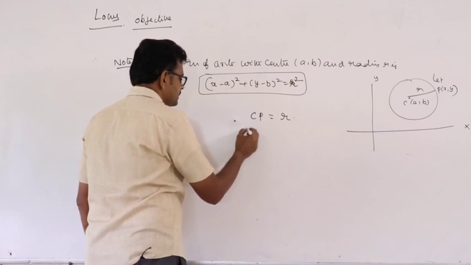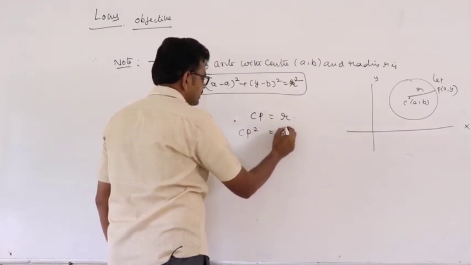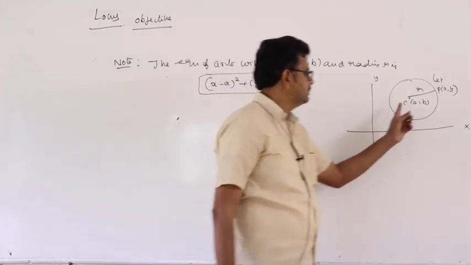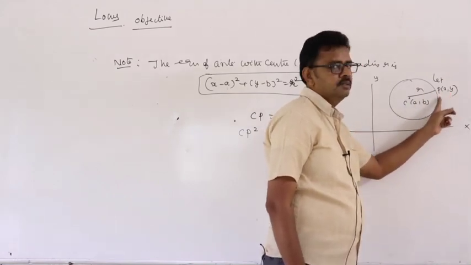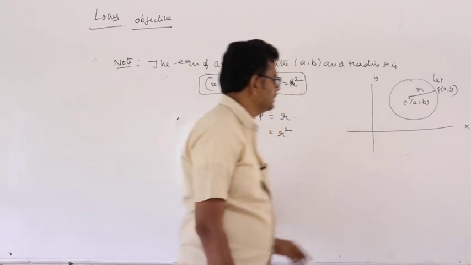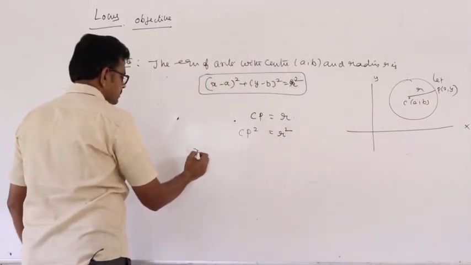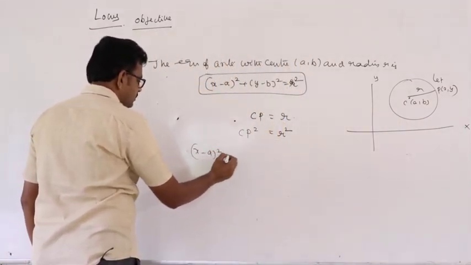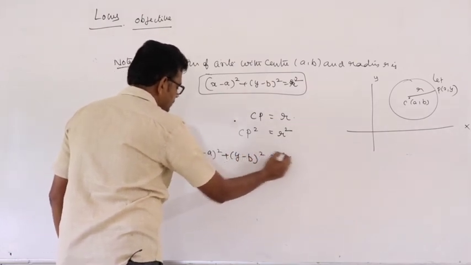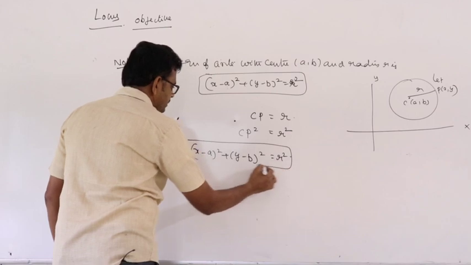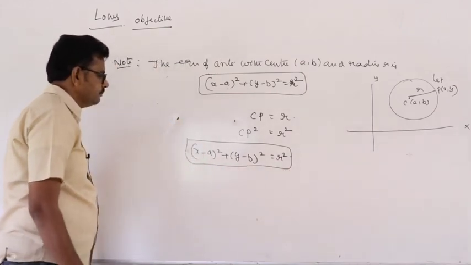So CP² = r². CP² means the distance between two points: (x1, y1), (x2, y2), (y2 − y1)². So (x − a)² + (y − b)² = r². So this is the circle equation.